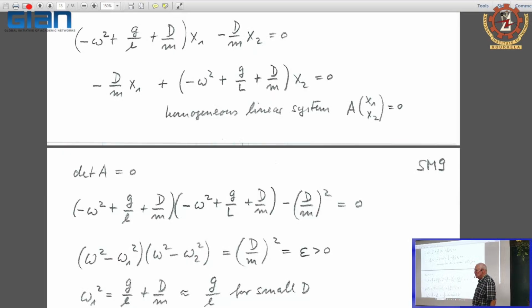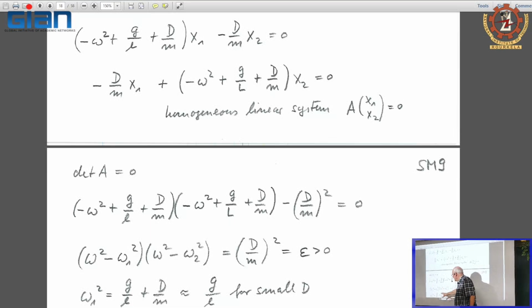Or we rearrange it in the following way: omega squared minus omega 1 squared times omega squared minus omega 2 squared is equal to (d over m) squared, which we identified with the coupling of the two systems epsilon, which is in this case bigger than 0.